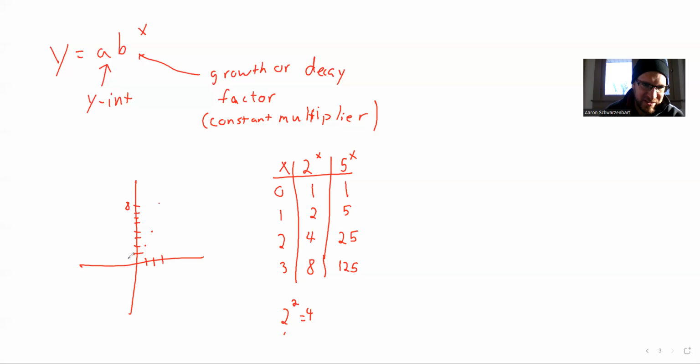So here, my basic exponential curve looks like this. That's my 2 to the x. I'm going to do my 5 to the x here in blue. 25 is going to be somewhere way up here. I can assume that that's a better curve than I'm able to draw right now.